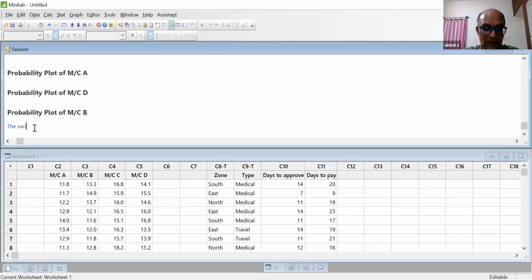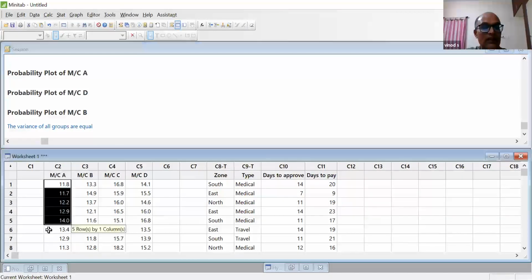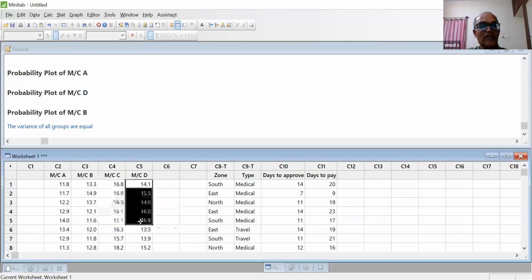The variance of all groups are equal. There is no statistical difference between the groups. So if I calculate the standard deviation or variance of this group, this group, or this group, all should be more or less equal.